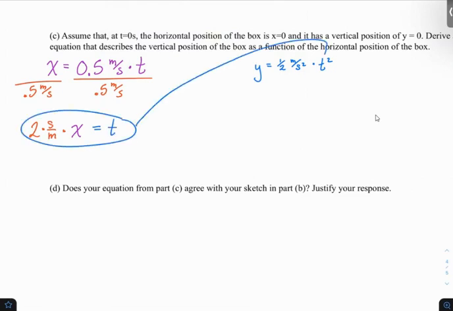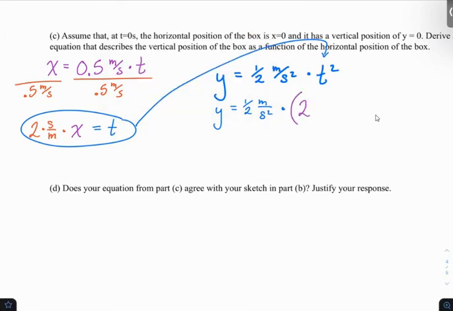Now I can plug this in for time in my y equation. So y stays the same, 1/2 meters per second squared stays the same, times, in parentheses, this 2 seconds over meters times x. All of that needs to get squared.